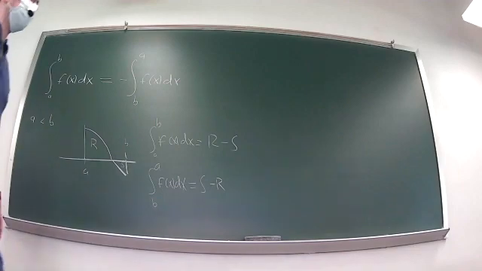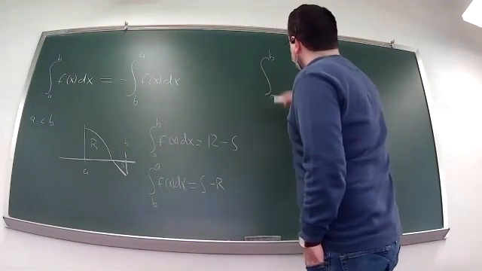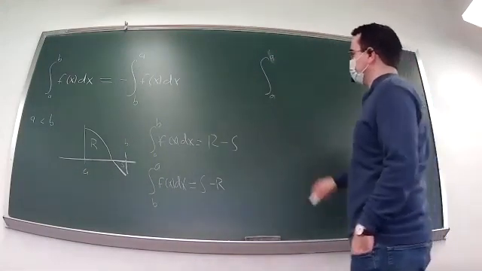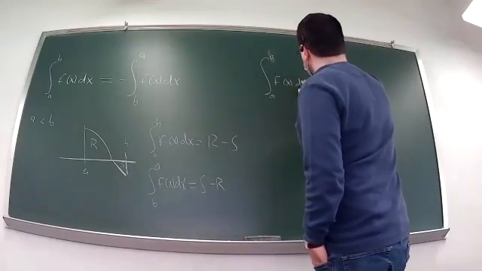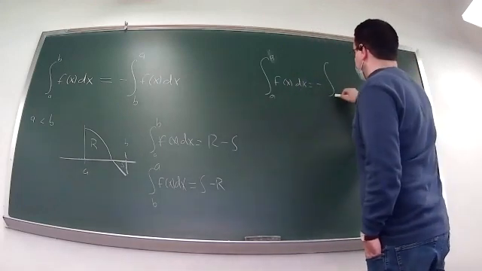But think of that just like a definition. And as a consequence of that, of course, if A is equal to B, then you would be doing the integral from A to A of f of x dx. And if you switch the bounds, you get a negative sign, right?